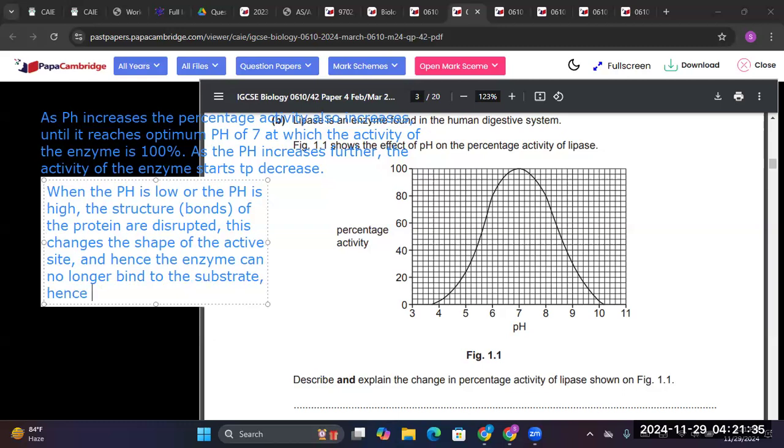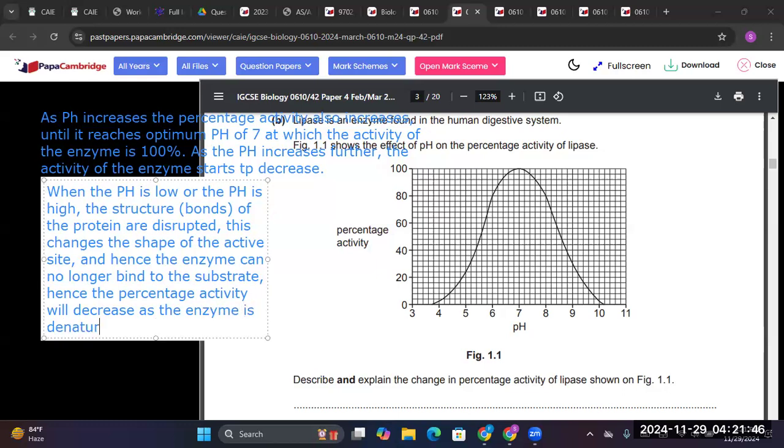Hence, the percentage activity will decrease as the enzyme is denatured.